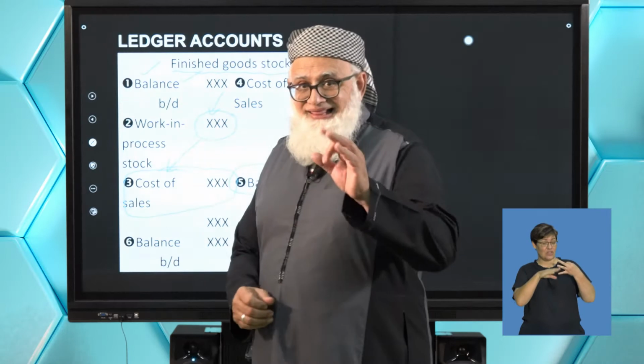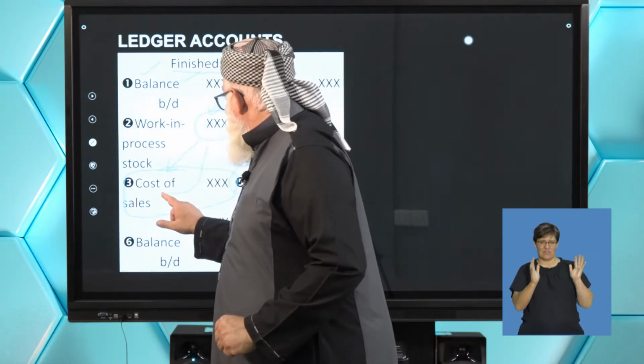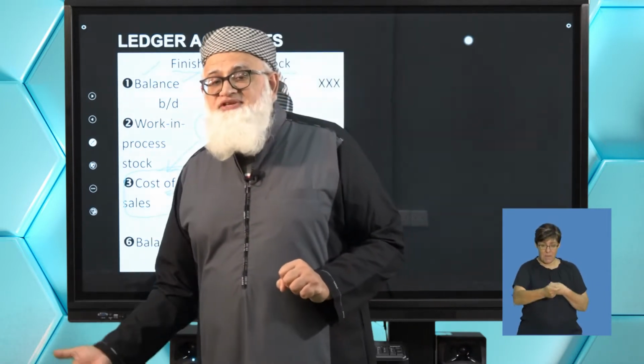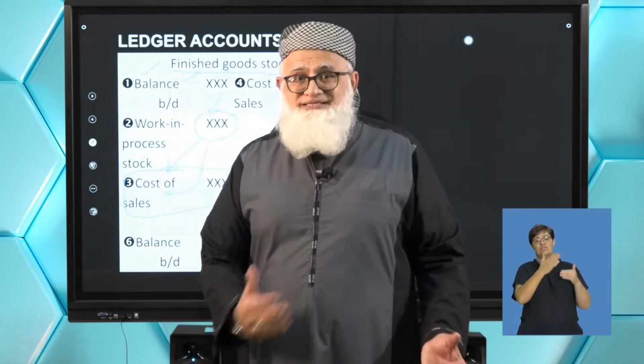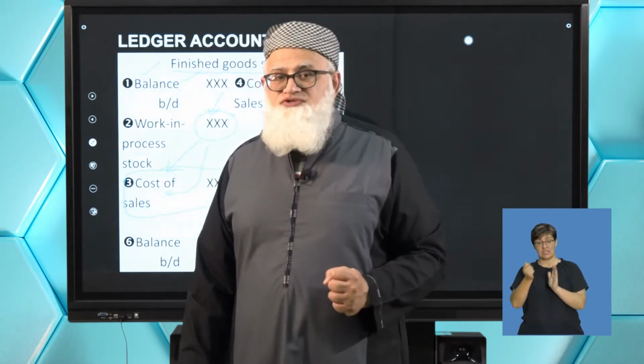Third one was the cost of sales. I've explained that. That would be the return of goods that were sold previously. Those goods came back into our finished goods stock account. Double entry, debit your finished goods stock, credit your cost of sales.